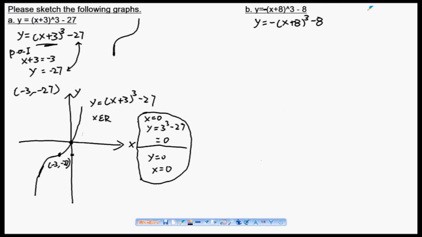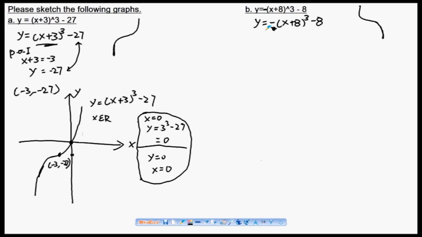In graph B, because of the minus sign there, the shape of the graph would look something like this, because of the minus sign. So here the shape of the graph looks like this.